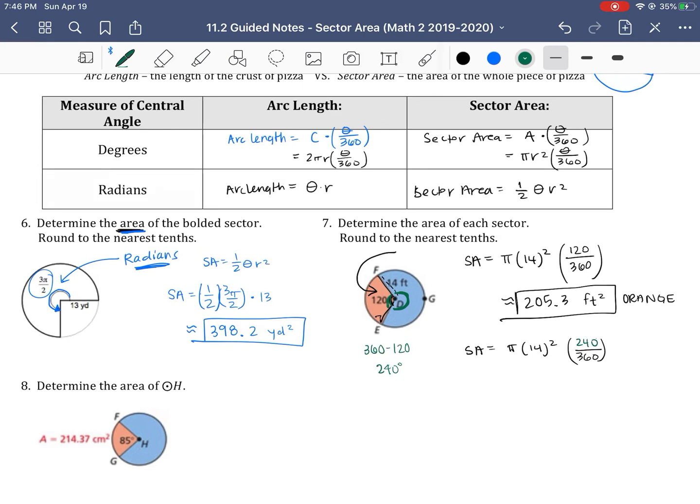So we know that the blue section is really big. It's about 240 degrees. So then we calculate this. And again, you're just doing 14 squared times pi. Once you get that, you multiply it by that fraction, and we should end up with 410.5 feet squared for the blue section.